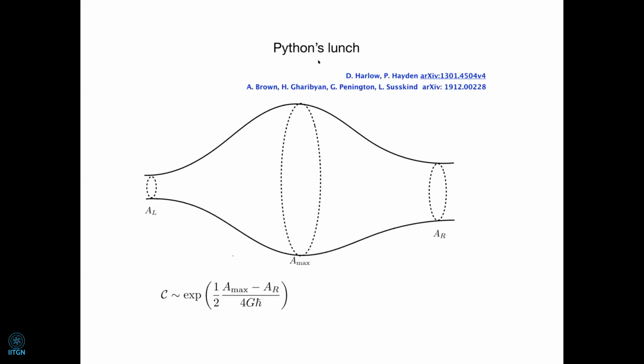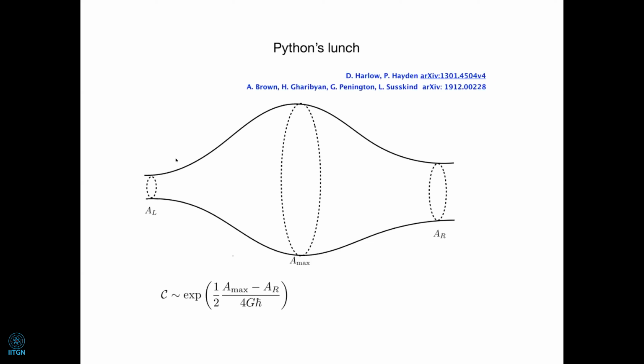The discussion in this paper pointed out that when you have a wormhole geometry like this, the complexity of this operator no longer just grows like the volume of the wormhole. There is an extra enhancement factor, which is given by the exponential of 1/2 (A max, this maximal area, minus A_R).